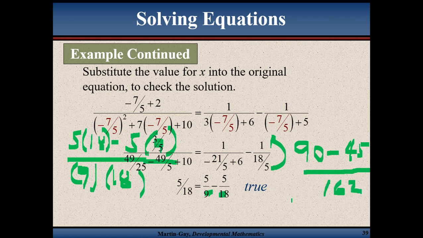Check natin. 90 minus 45 is 45 over 162. Ano ba yung pinaka-lowest term niyan? 45 over 162 is 5 over 18. Yan ang lowest term niya. 5 over 18. So, tama tayo. Dali lang.